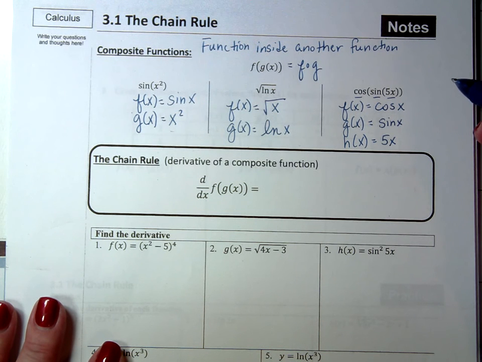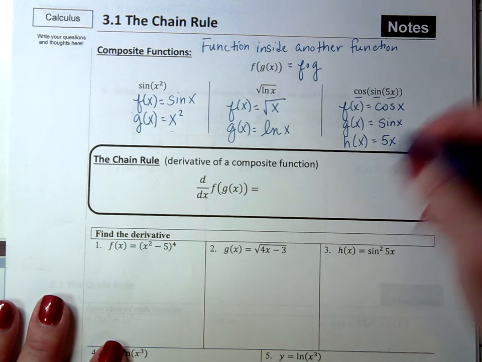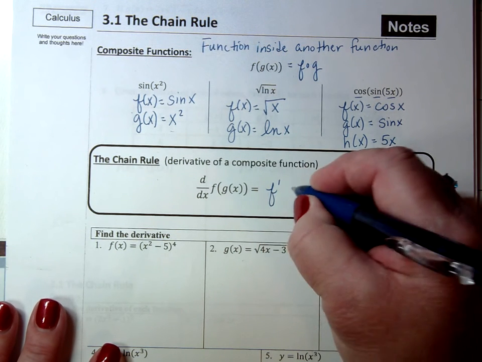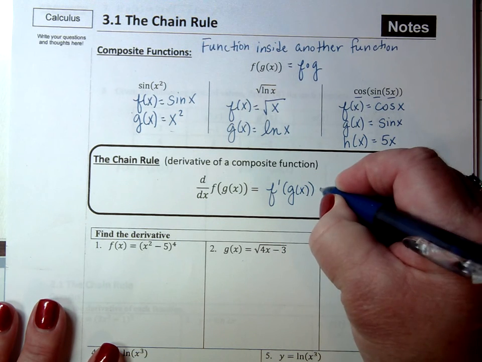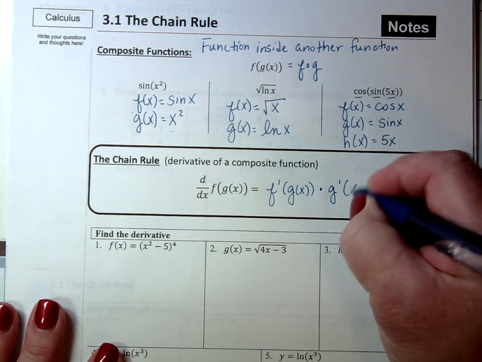And so here's the rule for derivatives of composite functions, these composite guys. You take f prime of g of x, and you multiply it by g prime of x.